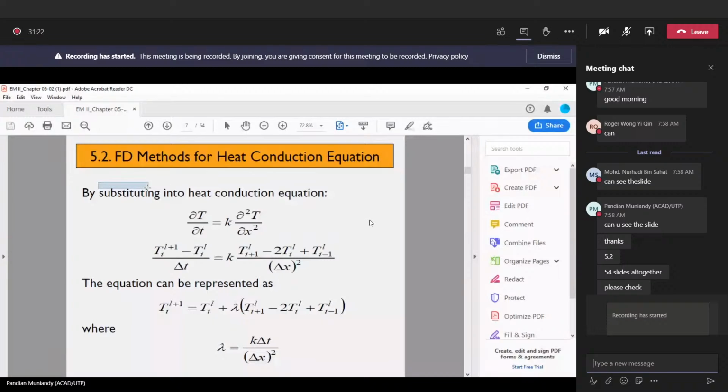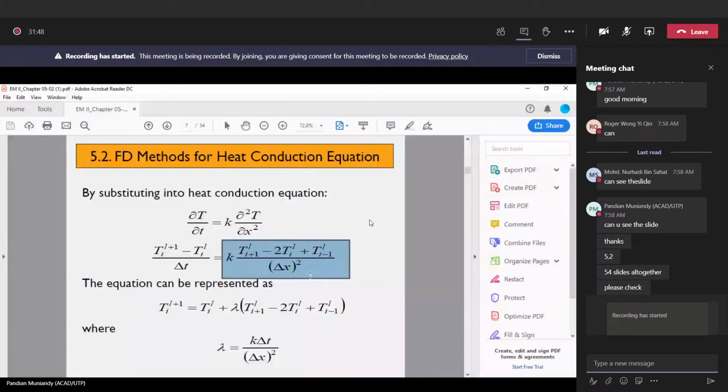That's why they use the word substituting. You substitute del T over del t with this one, which is given, refer to the previous slide, and K multiplied by this term. All the terms will be explained clearly, and it's already done, so we go very quickly.